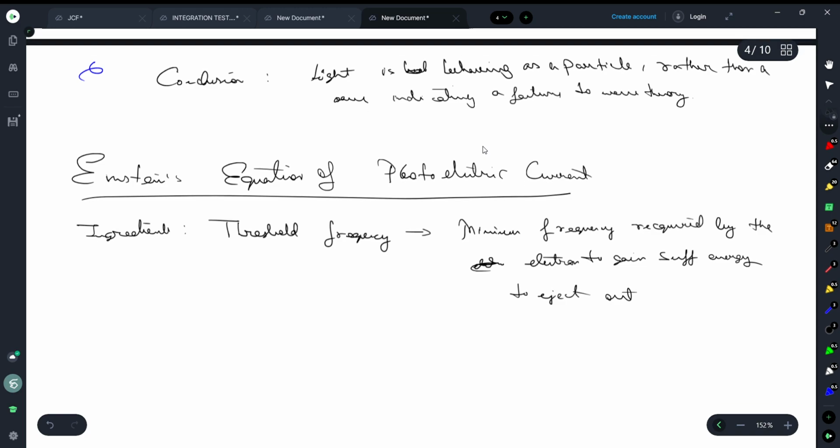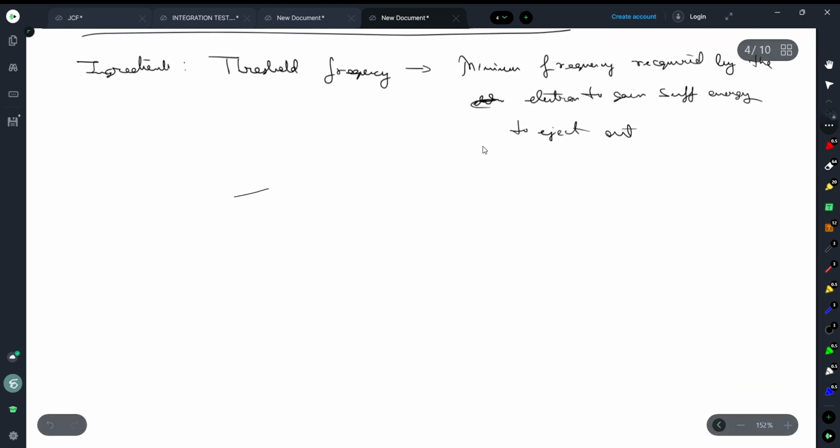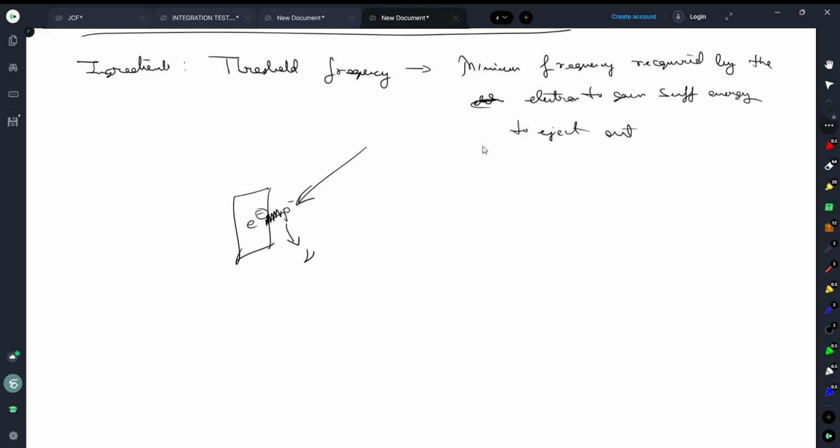Let me make it very clear. Suppose there is a metal plate inside which the electron is there, and this is the light source. A photon particle comes and collides with this electron, and it provides its energy to this electron. Suppose the frequency of this light source is nu 1. So the electron is now getting an energy of h nu 1.